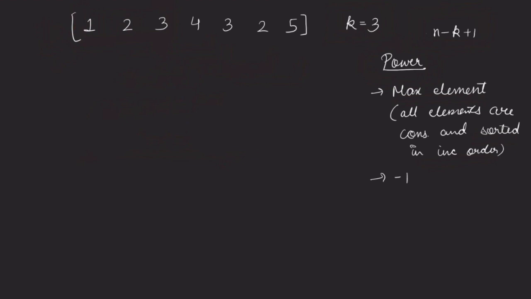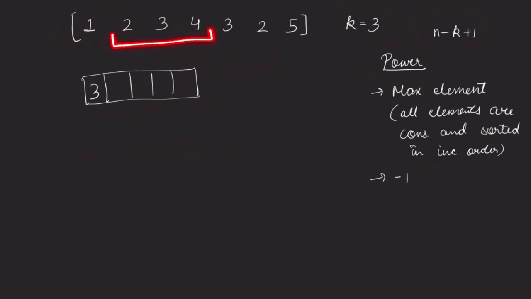Now another thing to notice is that if the subarray is consecutive and sorted in increasing order, then always the last element will be the maximum element, right? Because they are sorted in increasing order. So that is why in this case the answer will always be the last element of that subarray. So if we have a resultant array of size 5, or we can say n minus k plus 1, then for this subarray, the answer will be 3, right?